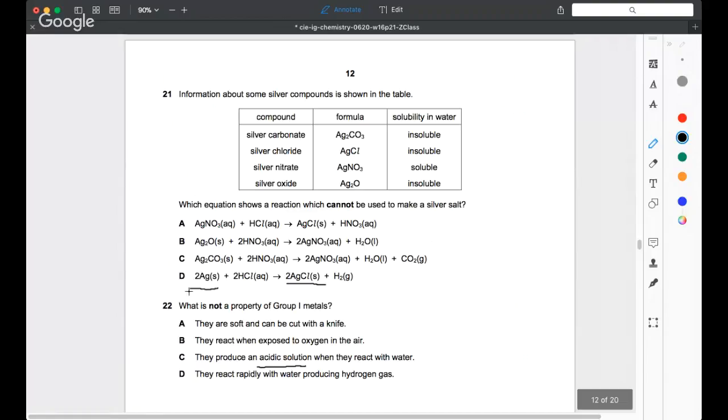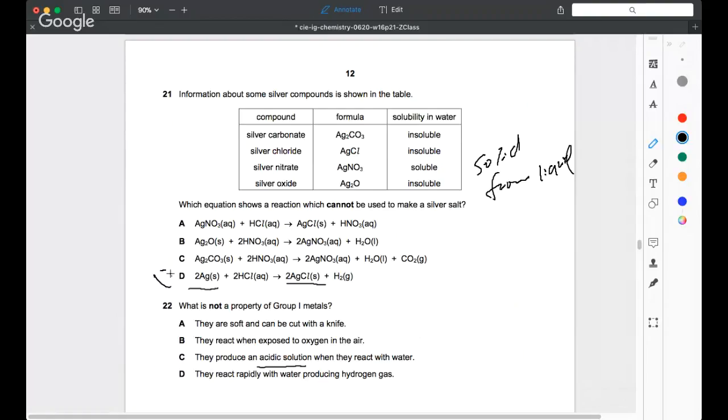Okay, number 21. Again, it's a similar question. So we are creating the salt, and in the process, we need to do filtration to separate solid from liquid.